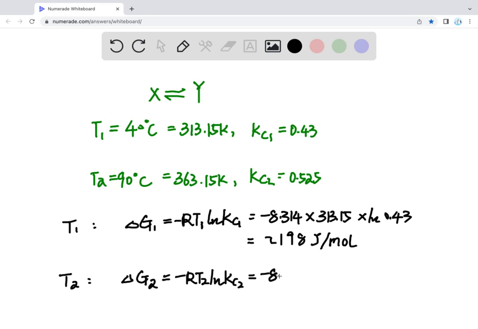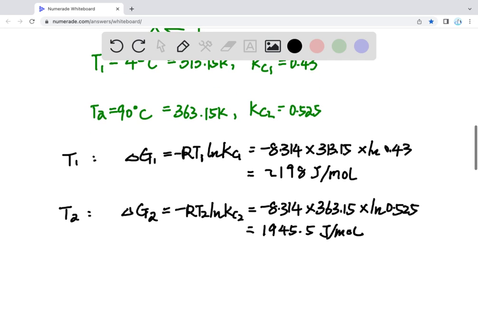So that's minus 8.314 times the T2, which is 363.15, times ln 0.525. So in this case, this one is about 1945.5 joule per mole.